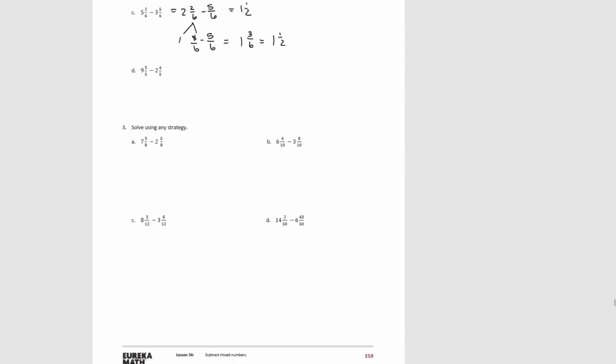Try D. We're going to subtract the 1s. So we have 7 3/5 minus 4/5. We're going to rewrite 7 as 6, and 5/5 plus 3/5 is 8/5.